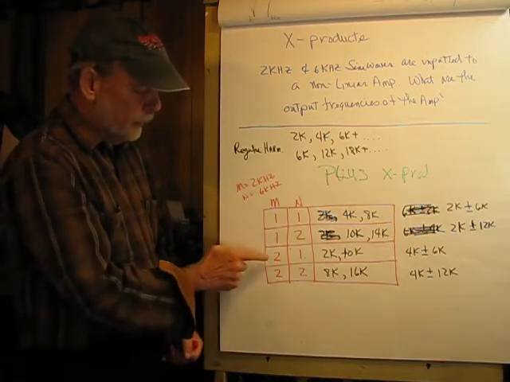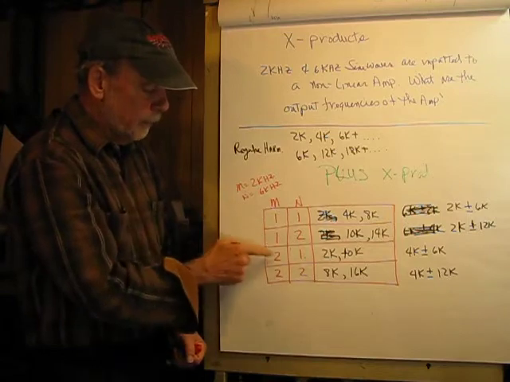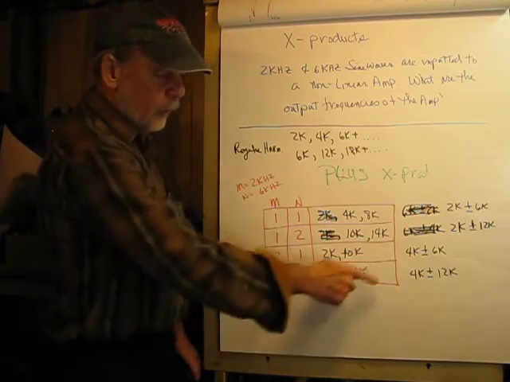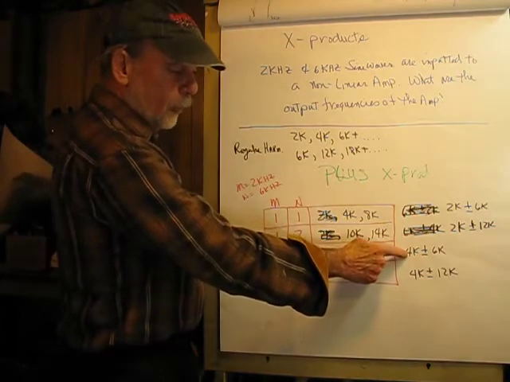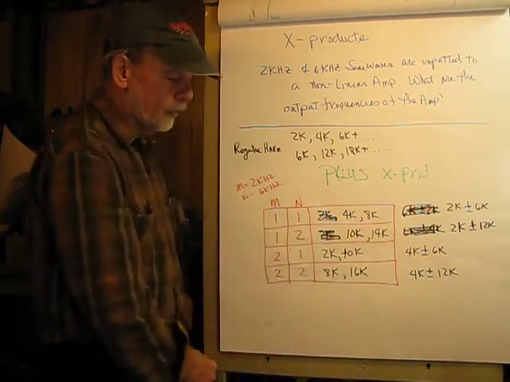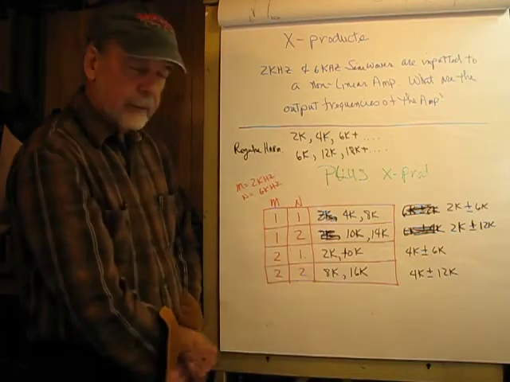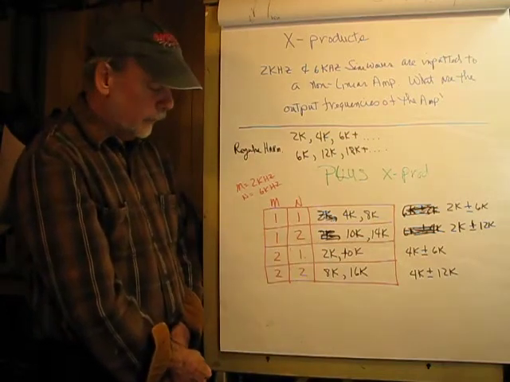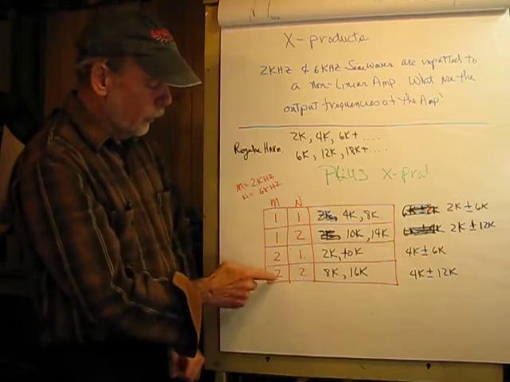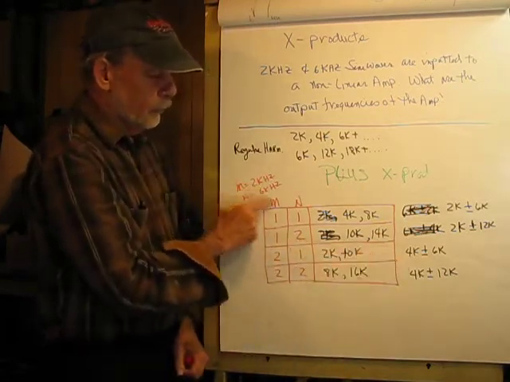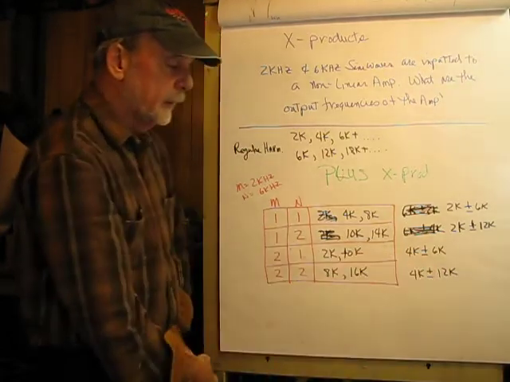Next, we're going to take 2 times 2K and mix it with 1 times 6K. So 2 times 2K is 4K, plus or minus 6K gives us 2K and 10K. Finally, we have 2 and 2, so 2 times 2K is going to be 4K, and 2 times 6K is going to be 12K.